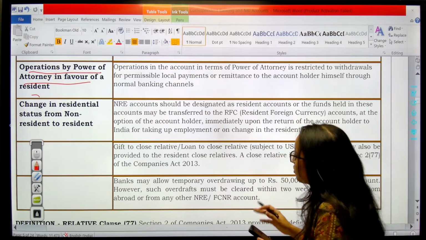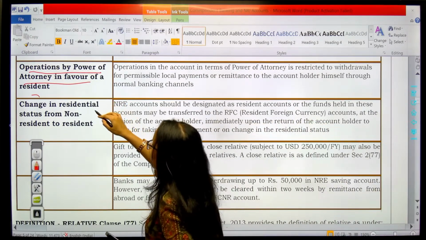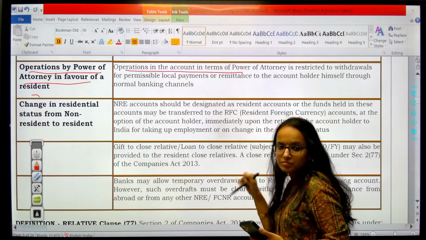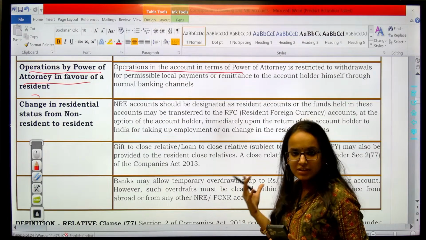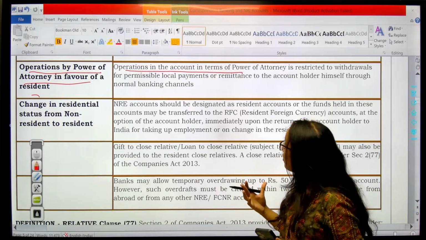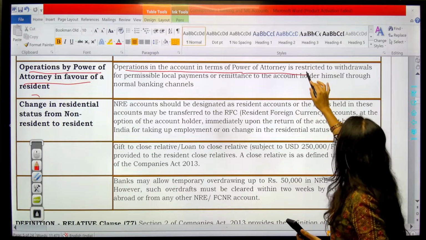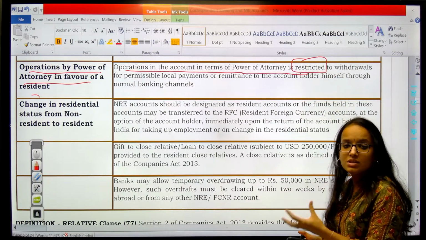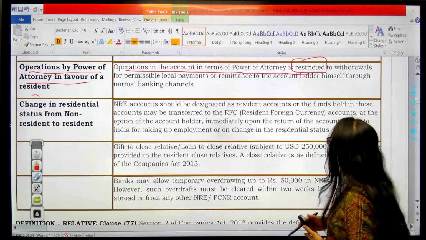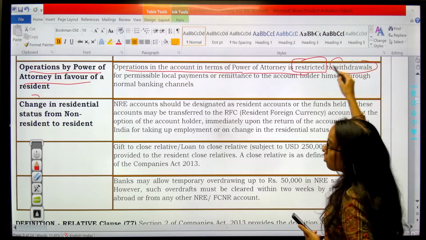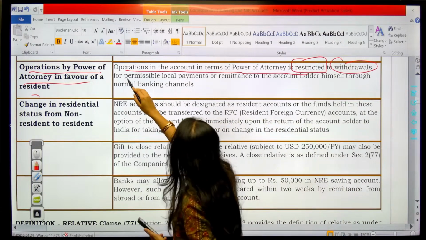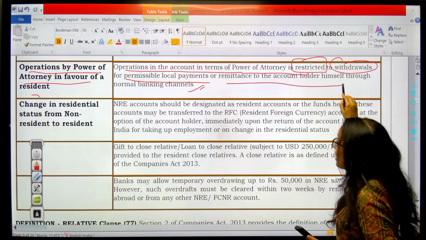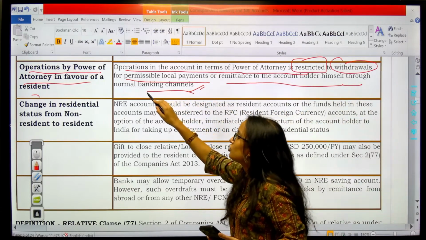Right? So operations by power of attorney in favor of a resident says any operation or transaction in terms of power of attorney is restricted. If you want to operate this NRE account as power of attorney, it will be restricted to withdrawals for permissible local payments, or remittances to the account holder himself through normal banking channels.